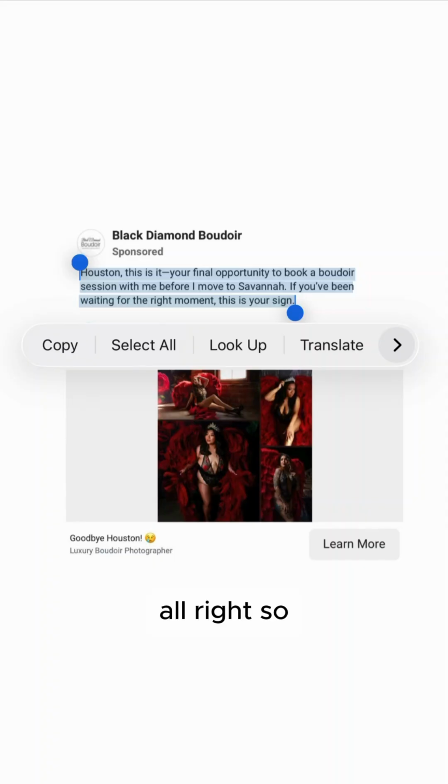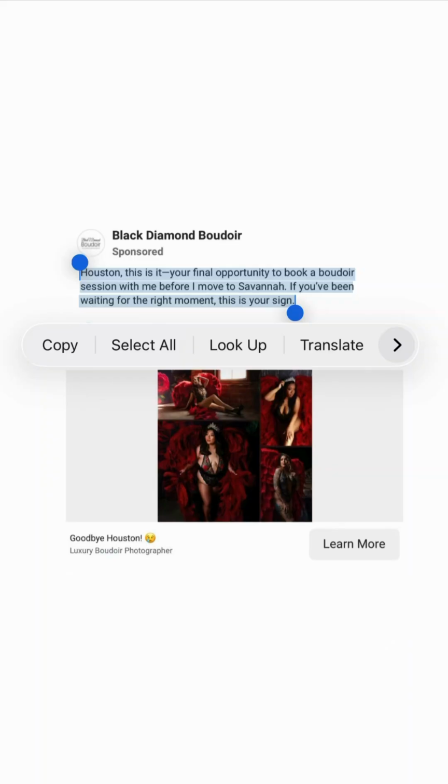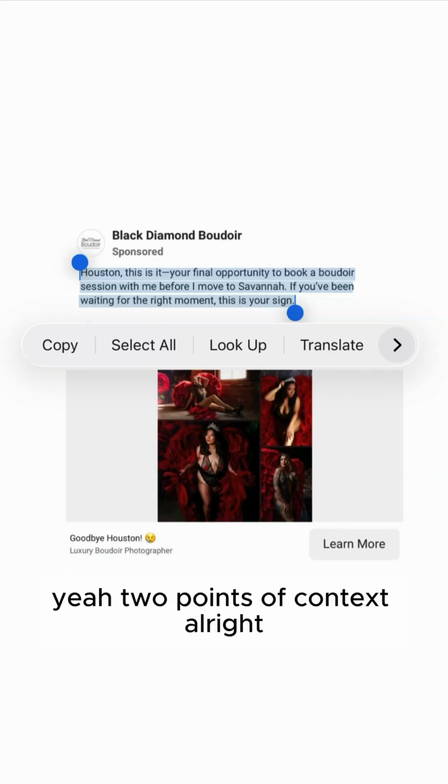All right, so yeah, we got 1 point of context. Yeah, 2 points of context. All right, so yeah, it's the lack of context mistake.